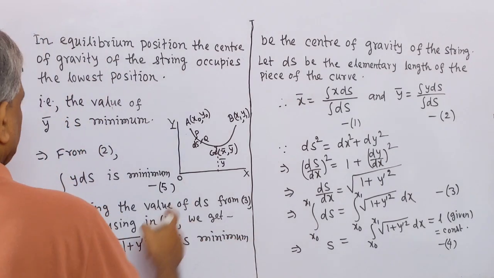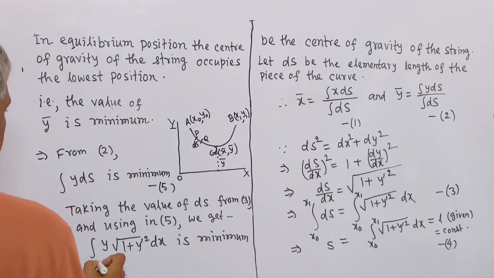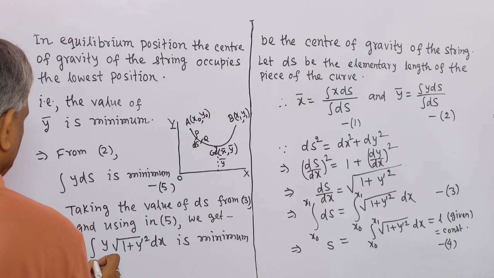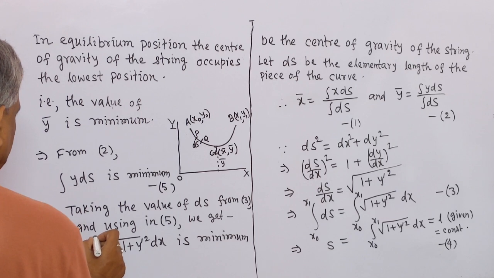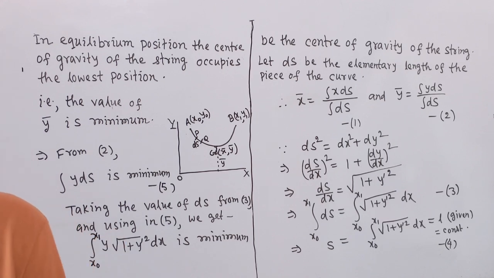We may use minimum limit is x naught and maximum limit is x1.